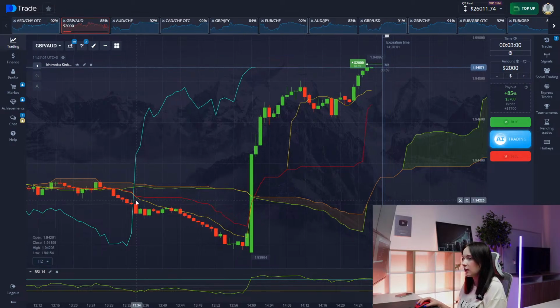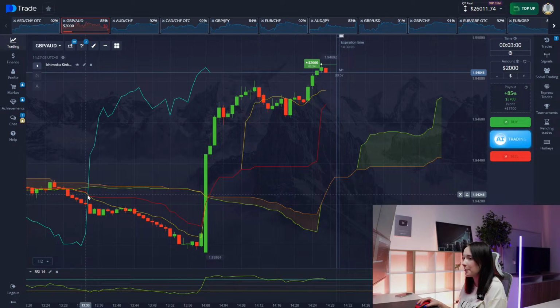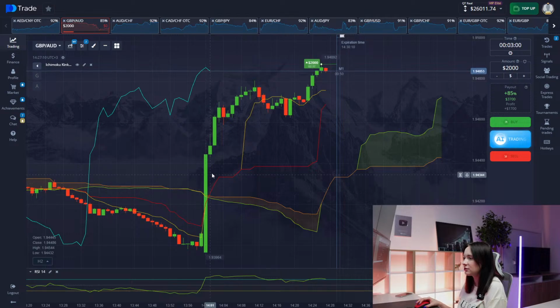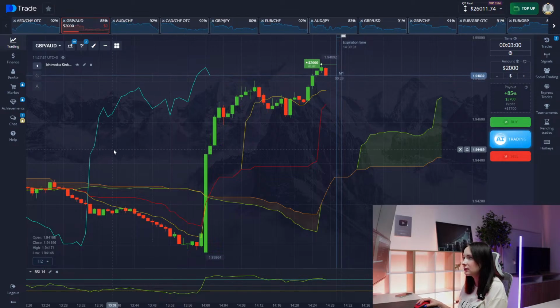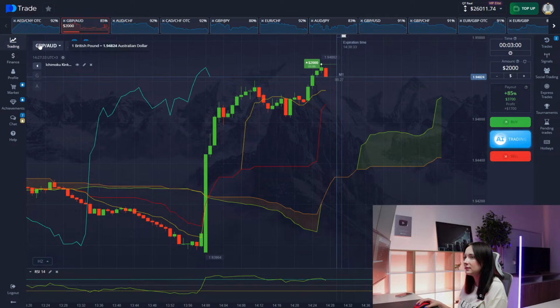You saw the conversion line crossing above the baseline, which also means opening a buy position. So we wait for an evident trend development, with 2 to 3 candlesticks of the same color, in order for it to work. And of course, that really helps you identify the right moment to enter trades and to succeed in them.